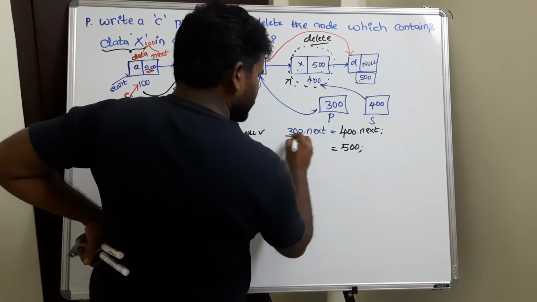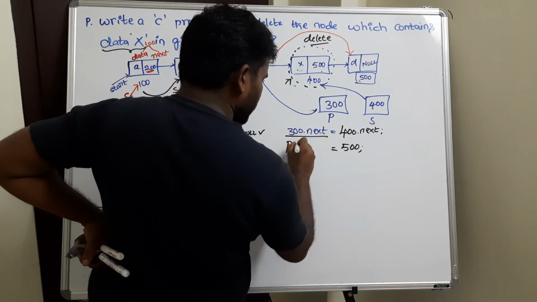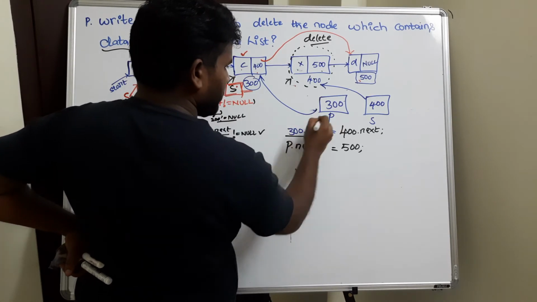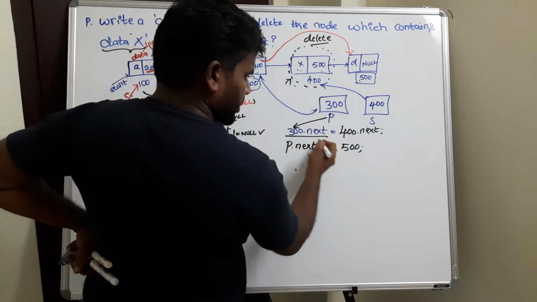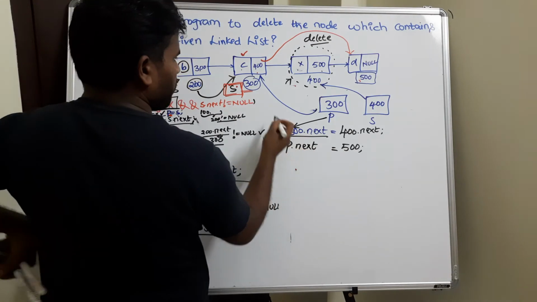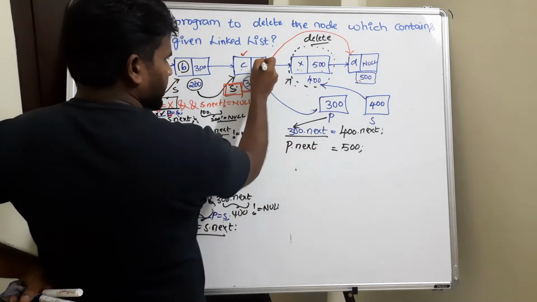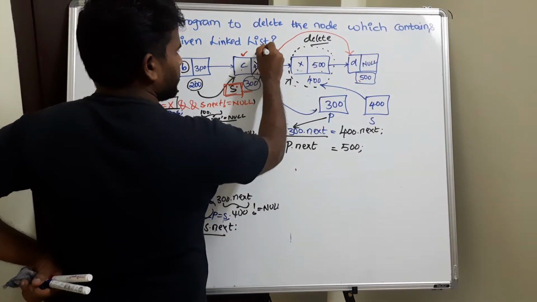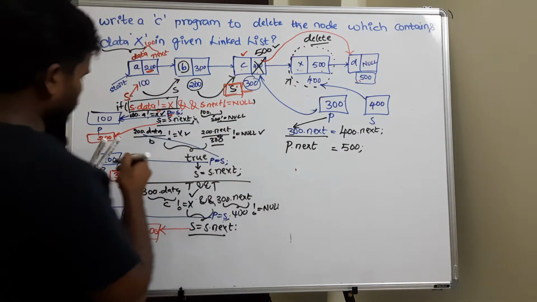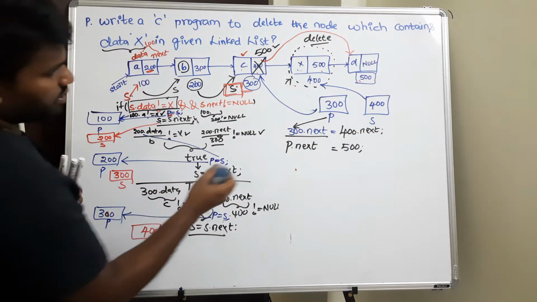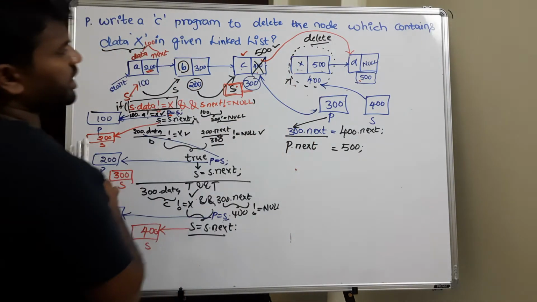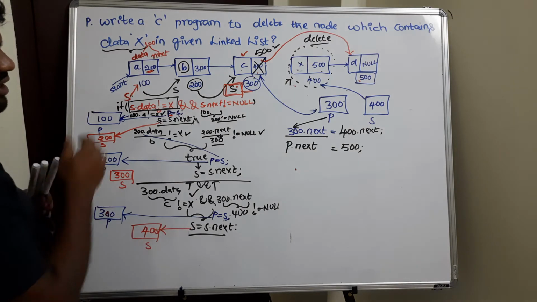So what is this? P dot next, 300 is P dot next. P dot next equal to 500, right? So what you got from here? You have removed this particular node link. Okay, you have deleted that node.